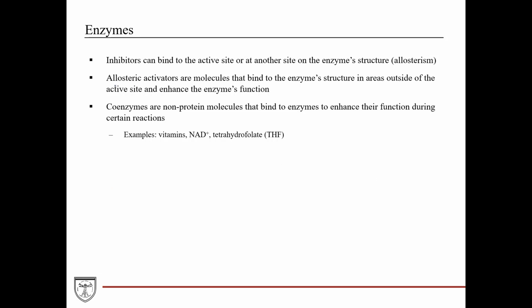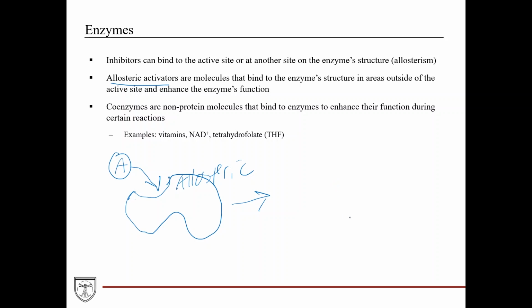Now you can also have allosteric activators. If you have our enzyme structure like this, you have your allosteric site here. Let's say you have an activator A that comes in and binds, and that puts it into an active conformation, where the substrate can then come in and bind and it becomes active.